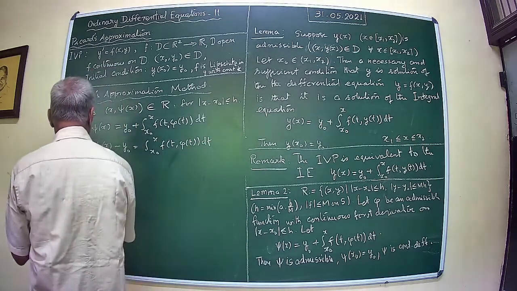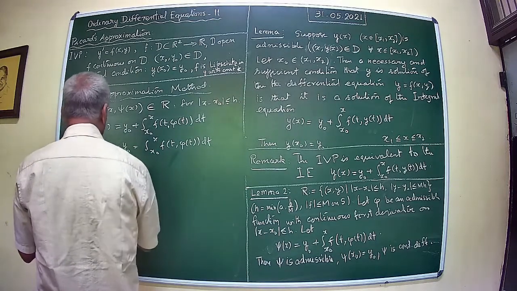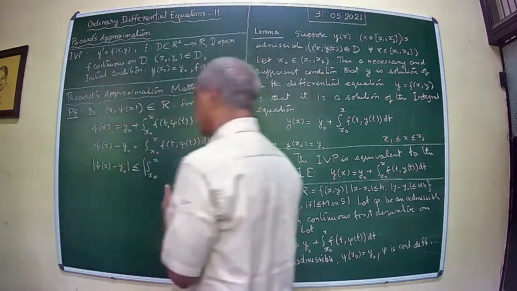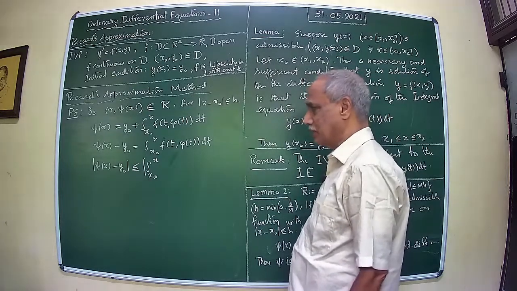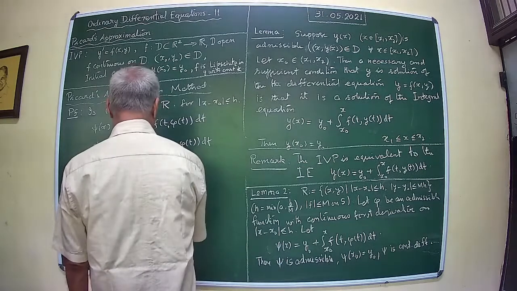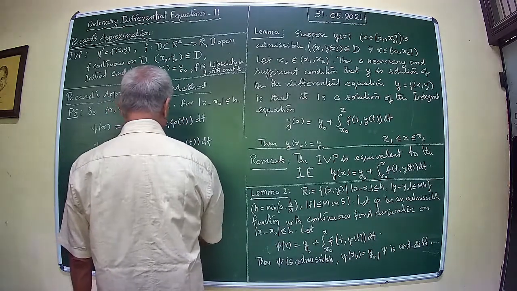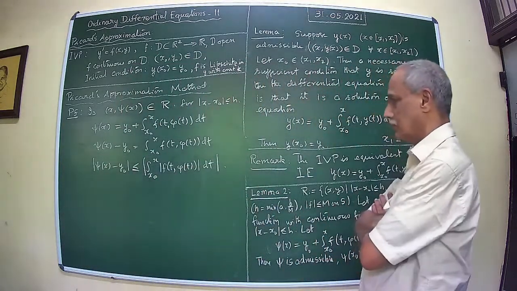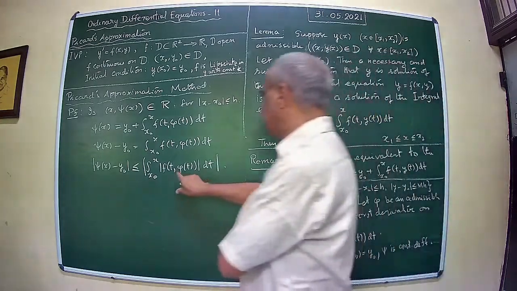Therefore, put a bar here because I don't know whether x is greater than x naught or x is less than x naught. Okay. Now you see that phi is admissible.